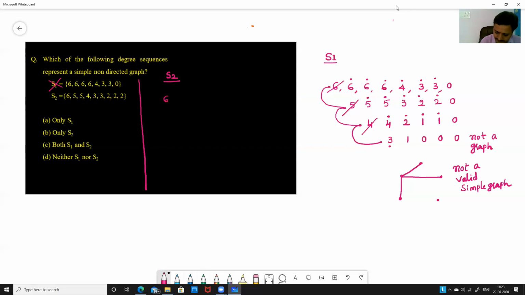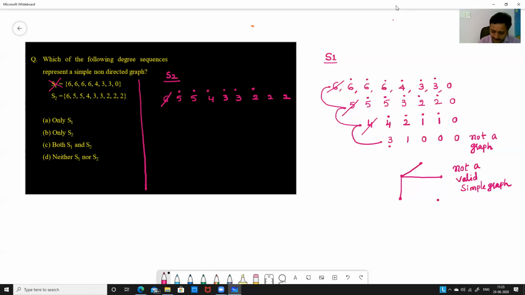First we take 6, 5, 5, 4, 3, 3, 2, 2, 2. Now identify the first vertex degree, that is 6. Simply cut that vertex degree and identify 6 degrees sequentially. And subtract 1 from each and every degree.